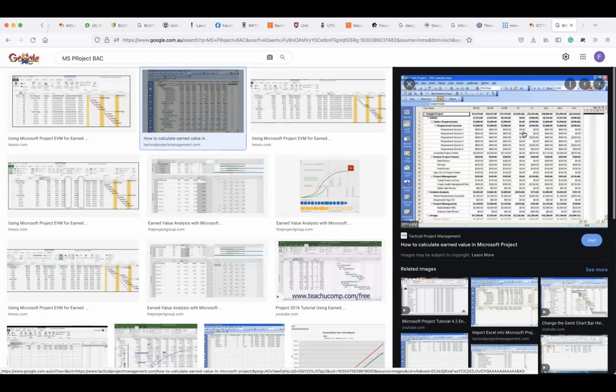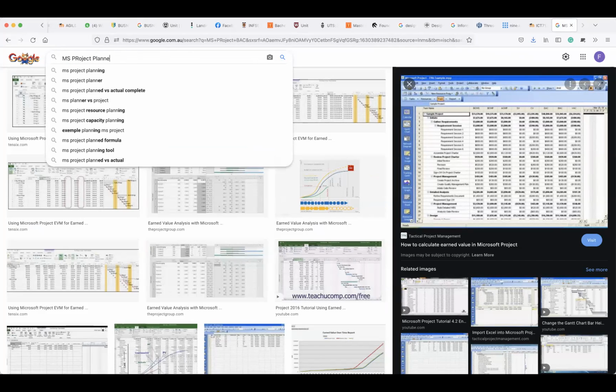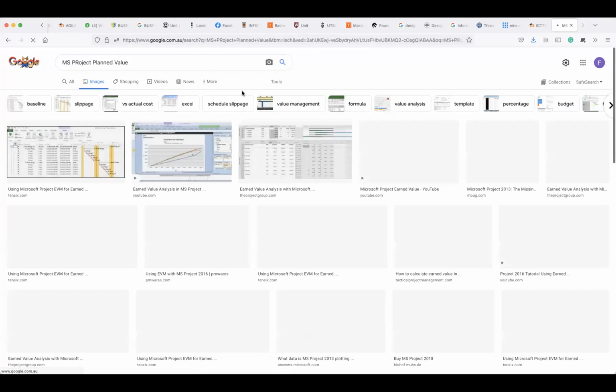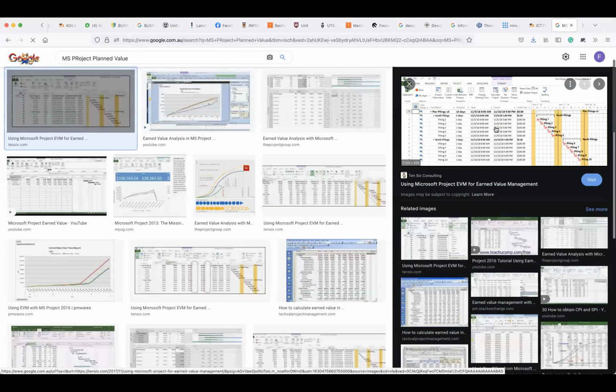Okay, let me try to see. Microsoft Project planned value.